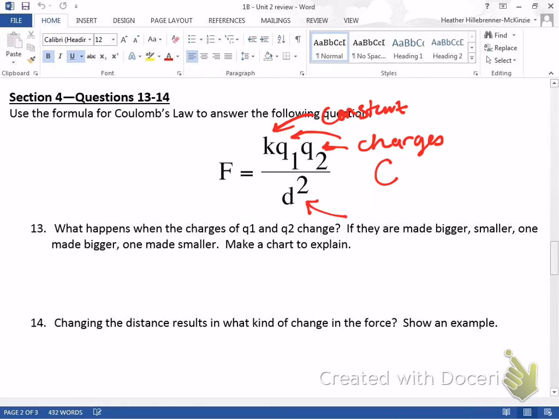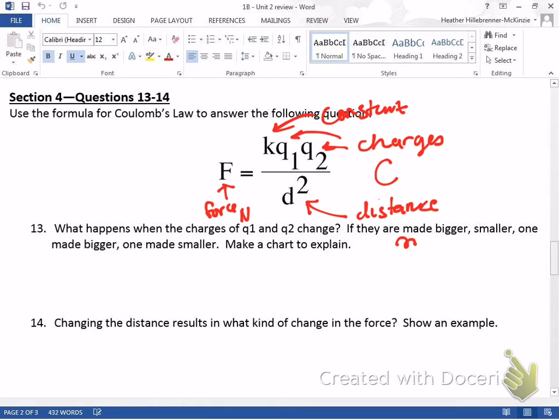And then over here we have what? Distance. And this is typically going to be in meters. And then we know that this is our force, and we're going to have force in newtons, right?